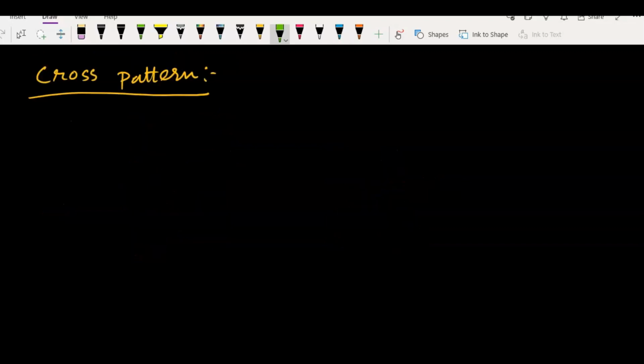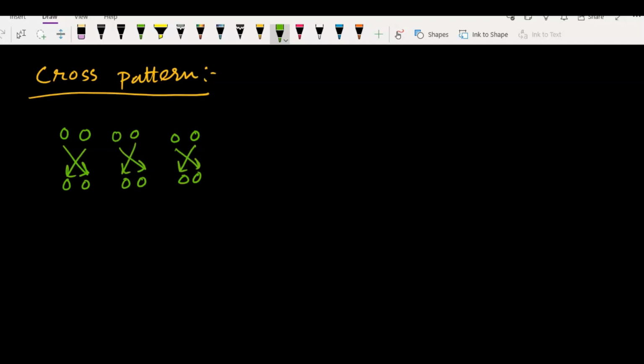Let's see what is cross pattern. Suppose there is a word of 6 letters. It will go to a word of 6 letters in this way. So there is a pattern like this.